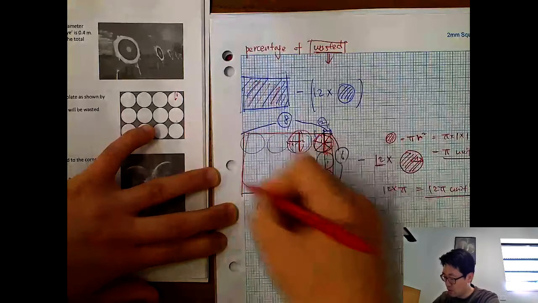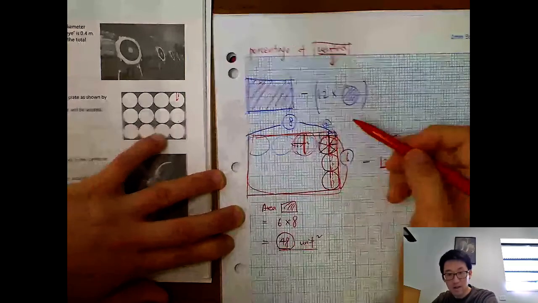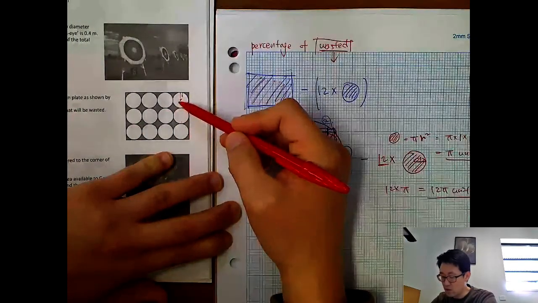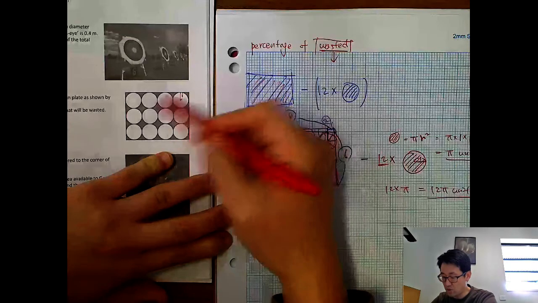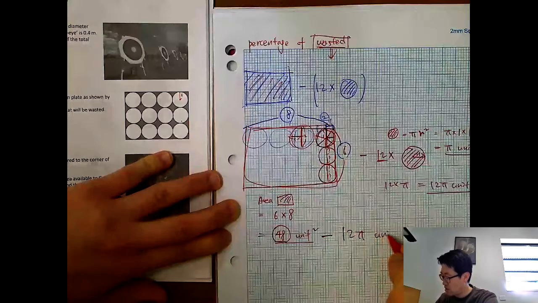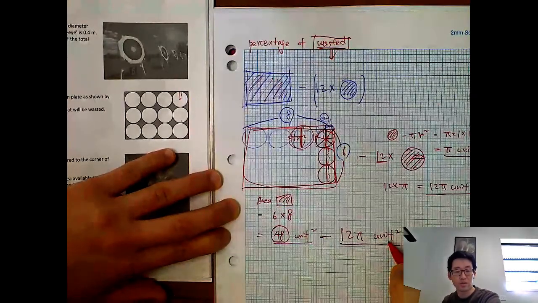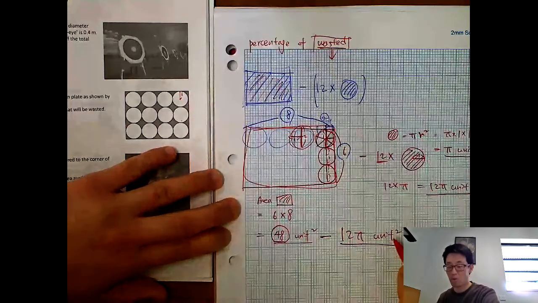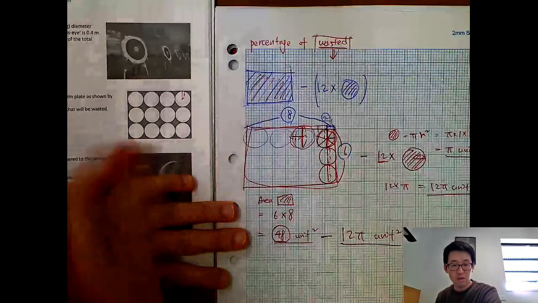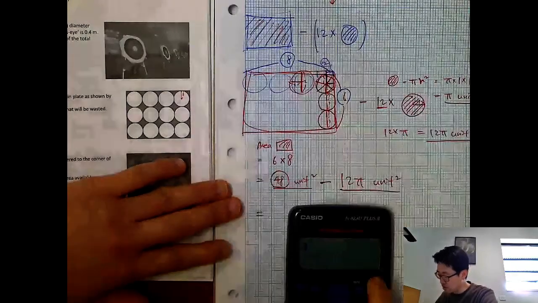So I have the whole thing is 48 unit squared, and that inside bit was pi unit squared. But I found there's 12 there. So minus 12 pi unit squared. I use unit squared instead of centimeters or meters squared because I actually don't know, nothing is given. I'll just use unit. Doesn't really matter.